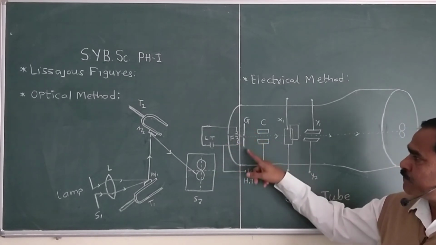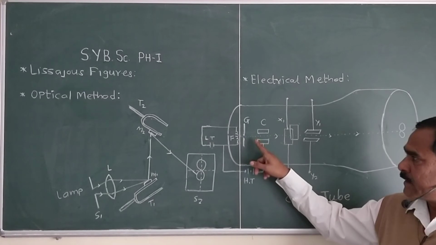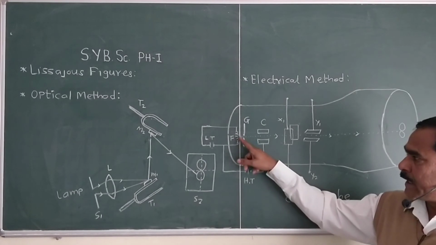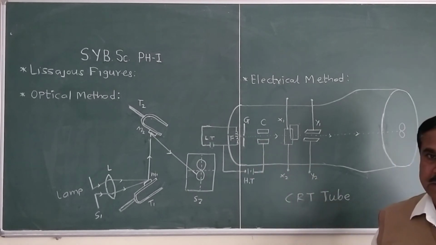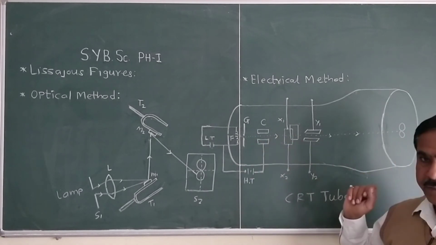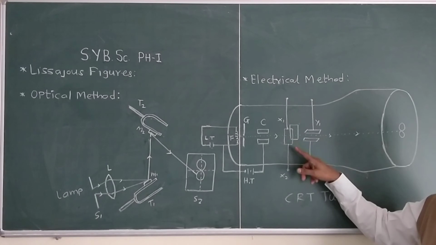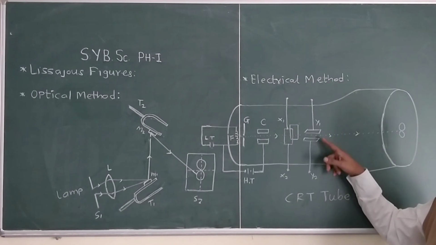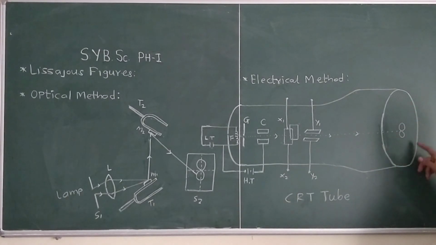The next part is the gun, through which the beam of electrons passes, and this gun is connected to the high tension battery, so that the electrons emitted by the filament are accelerated by this gun, and after acceleration they pass through the collimator. Then the next part is the two vertical plates X1 and X2, and two horizontal plates Y1 and Y2. And last, there is the screen of the CRT tube.